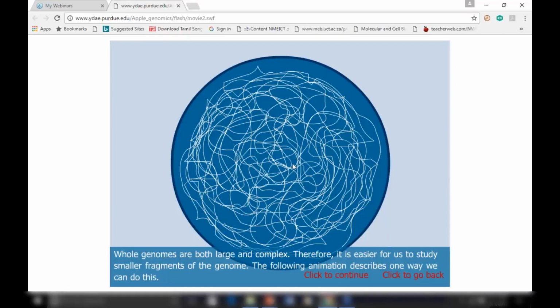This is the whole genome. It is very, very difficult to understand what sequence is present.